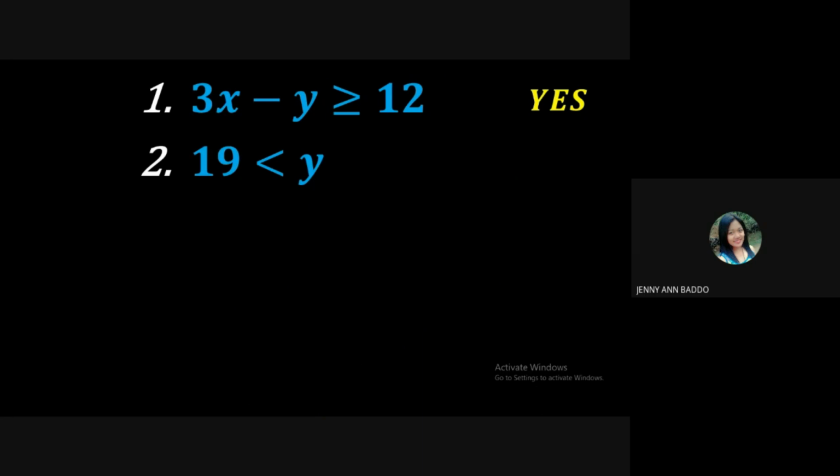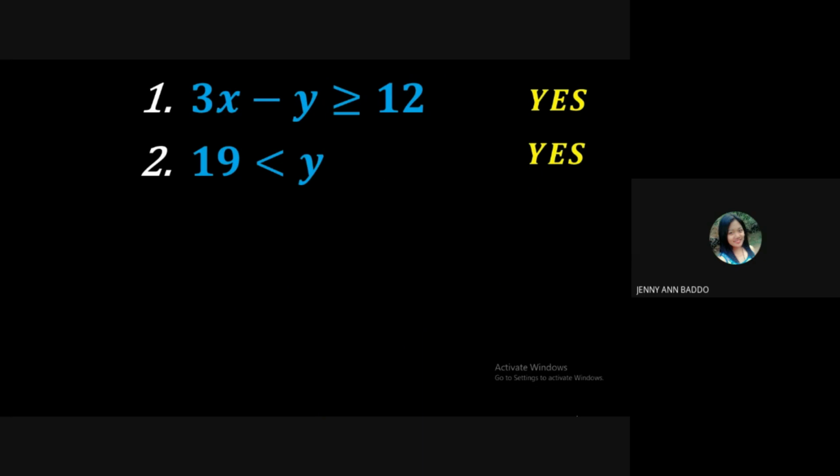How about the second example? 19 is less than y. Correct. Yes, again, it's a linear inequality in two variables because it has the variable y and also x, but we cannot see x because its numerical coefficient is 0.